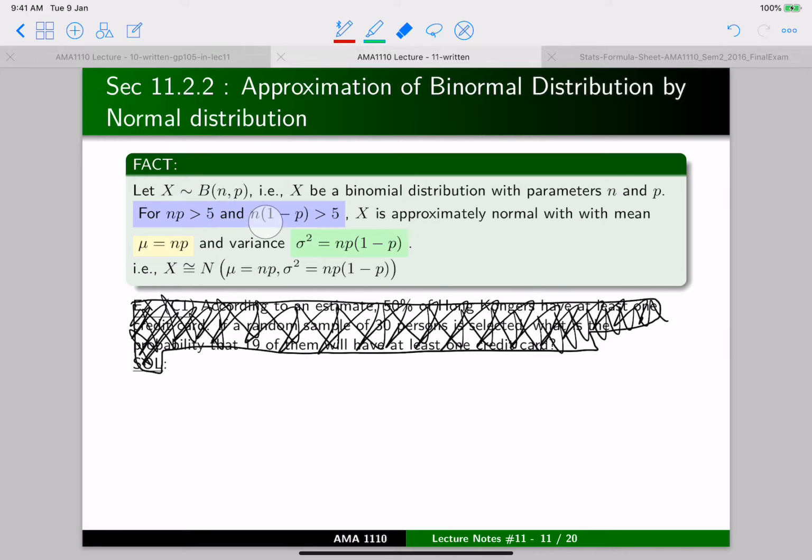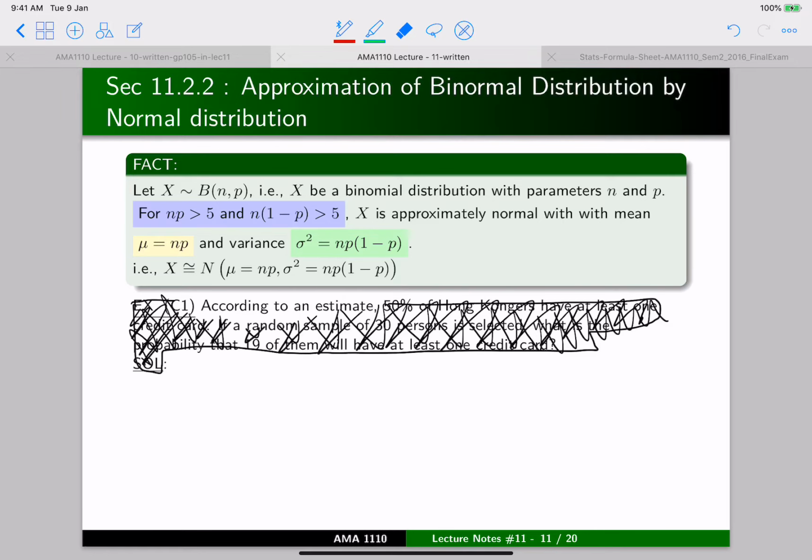If these two assumptions are satisfied, then x is approximately normal, with mean mu equal to n times p and variance n times p times 1 minus p. That is, you can approximate the original binomial random variable by a normally distributed random variable with these mu and sigma squared.